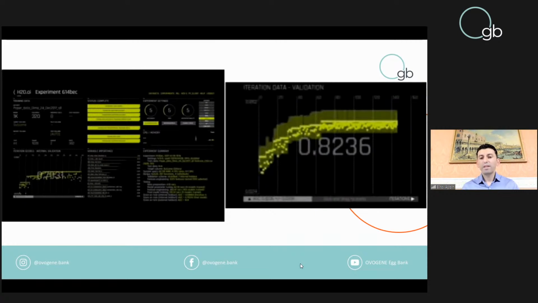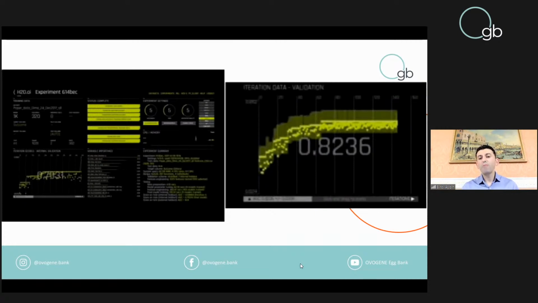Our main number is 1. When it comes closer to 1, that means those oocytes have perfect potential for vitrification and high outcome. When you look at the picture, you will see 0.8, so that means the oocyte has potential.